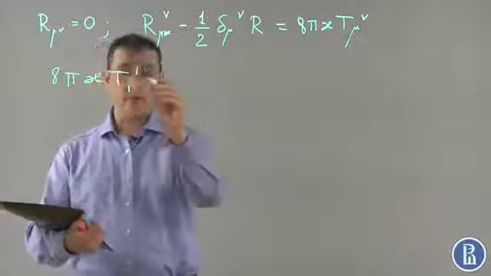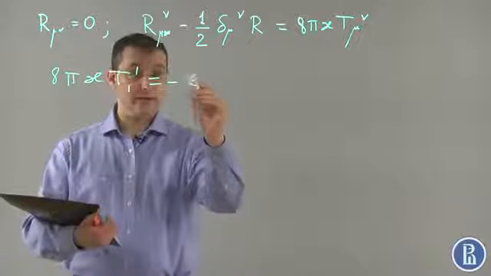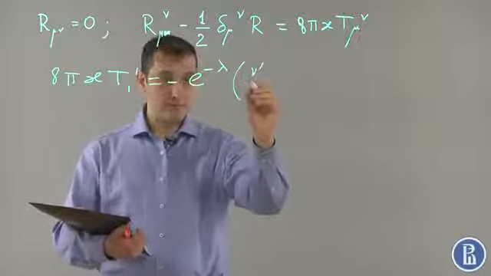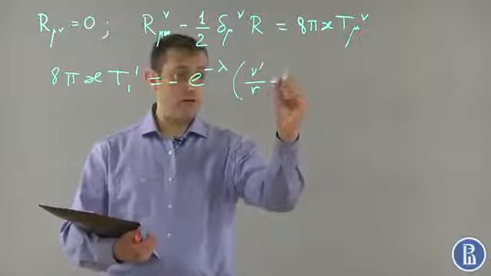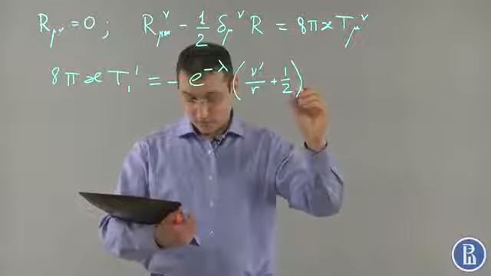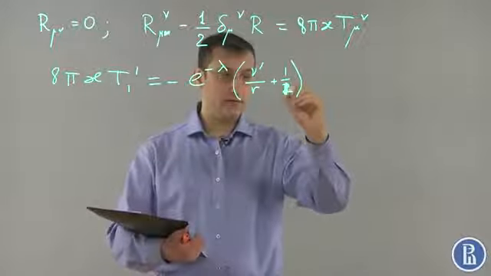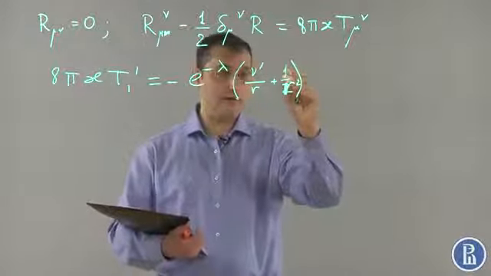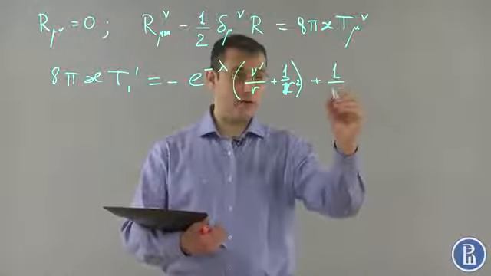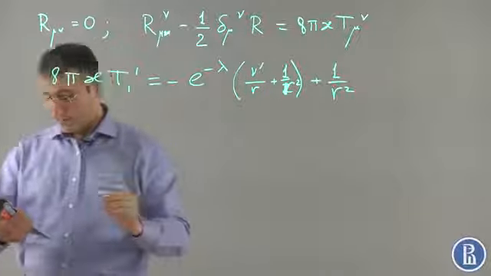T11 equals minus exponent of minus lambda times nu prime over r plus 1 over r squared, plus 1 over r squared.